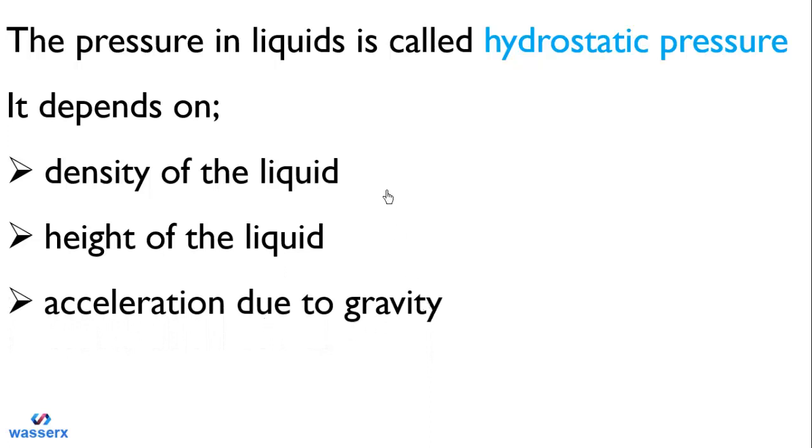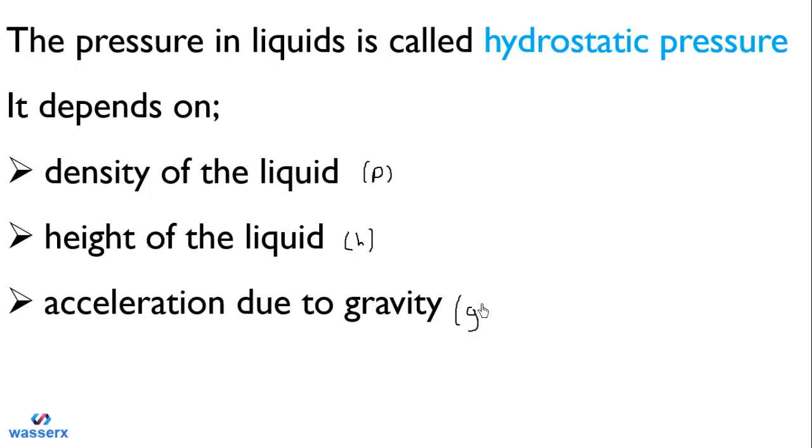So we have the density, which is rho, then the height, which is h, then the acceleration due to gravity, which is g.